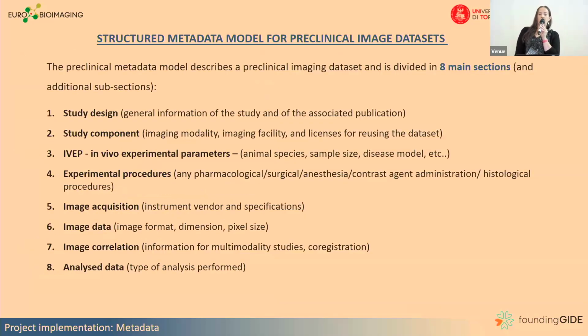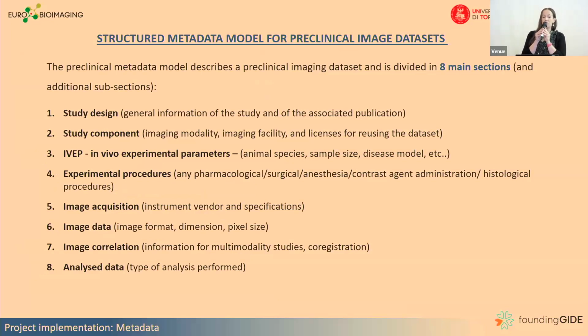So the metadata model includes 8 main sections. You can find them here on this slide. It includes the study design, the study components, which is, for example, the imaging modality.